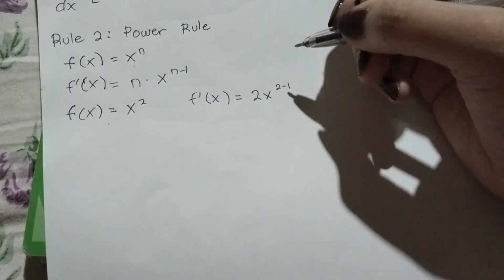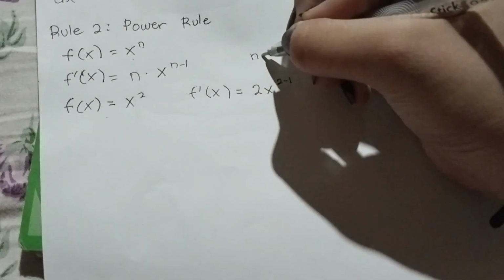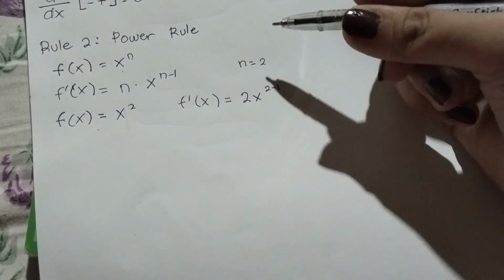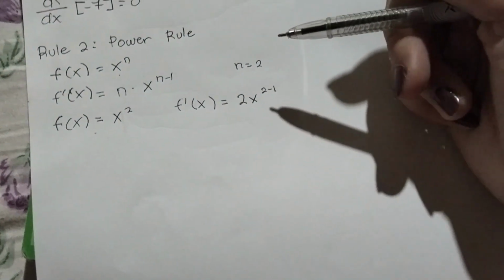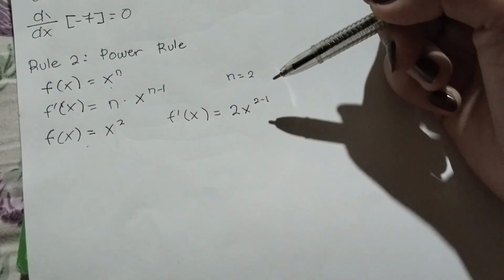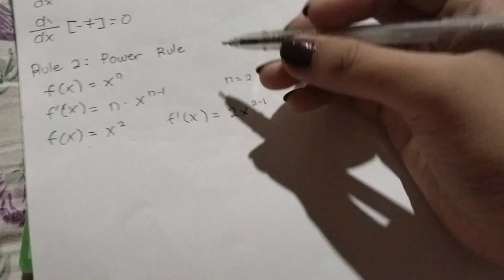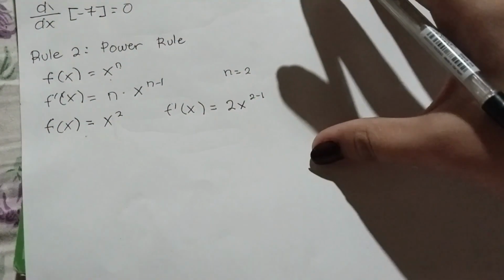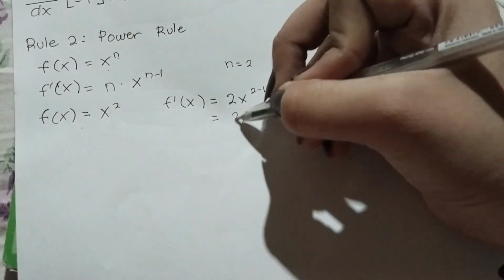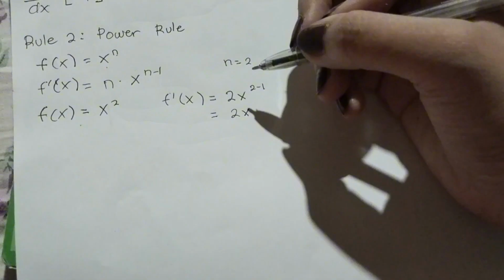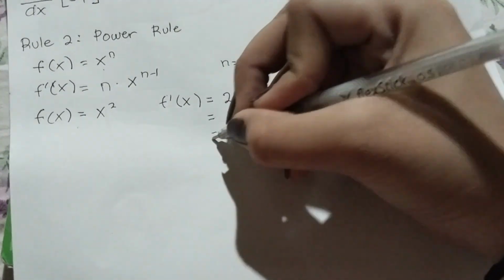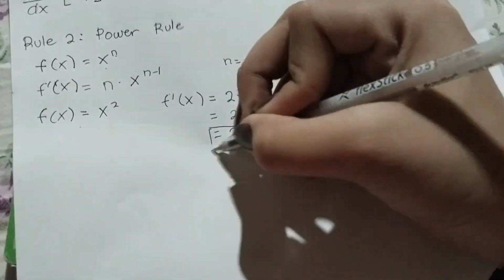Notice in this example, n is 2, so we have a 2 here, and 2 minus 1 is in the exponent. 2 minus 1 is 1, so we get 2x to the first power, or simply 2x. This is the final answer.